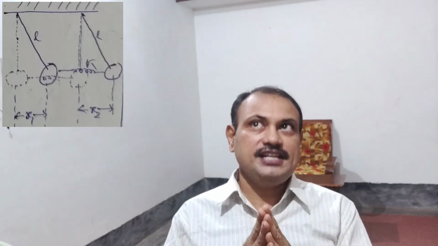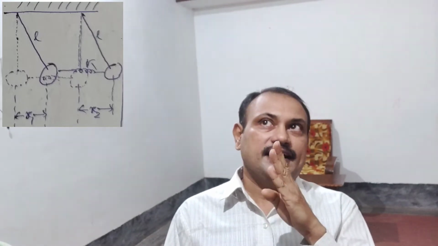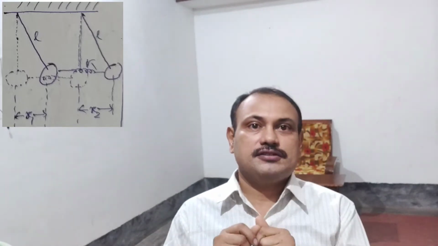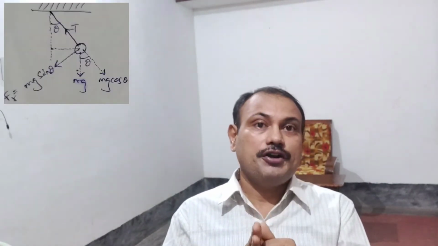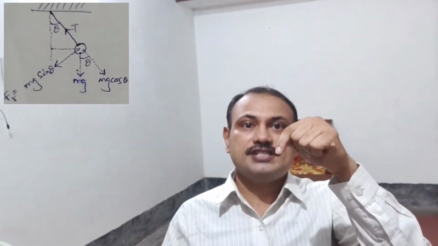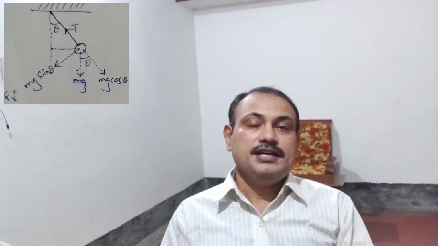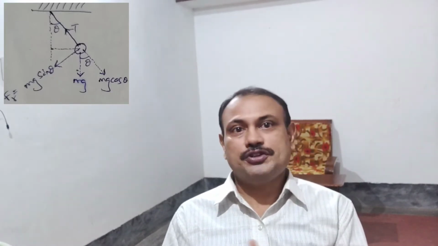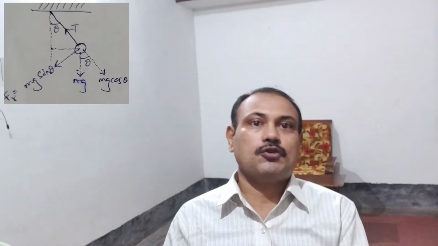When we want to see the physics of such motions, we must recall that in oscillations, the restoring forces are the prime forces which try to bring the body back to its original position. When a single bob oscillates under gravity, it is gravity which brings the body back to its original position. So the restoring force is minus mg sin theta, as you see in figure 1.